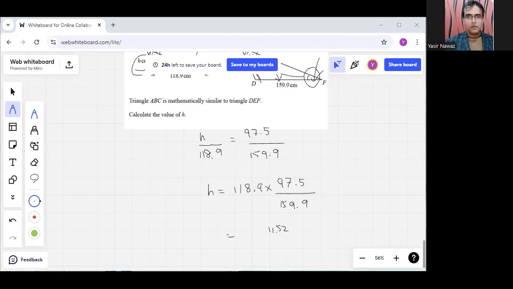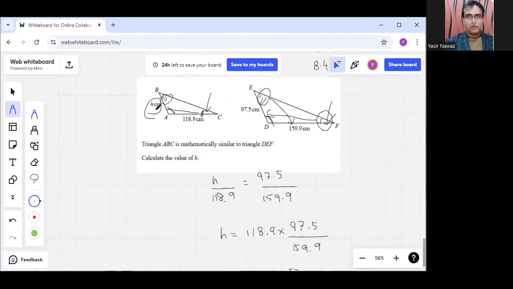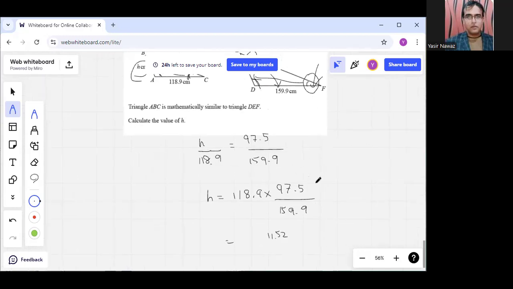There is a mistake in this question, so I check it again. First, this side is h. So h over 118.9 is equal to 97.5 over 159.9. Because this is in the denominator, when it goes to the other side, it will multiply.